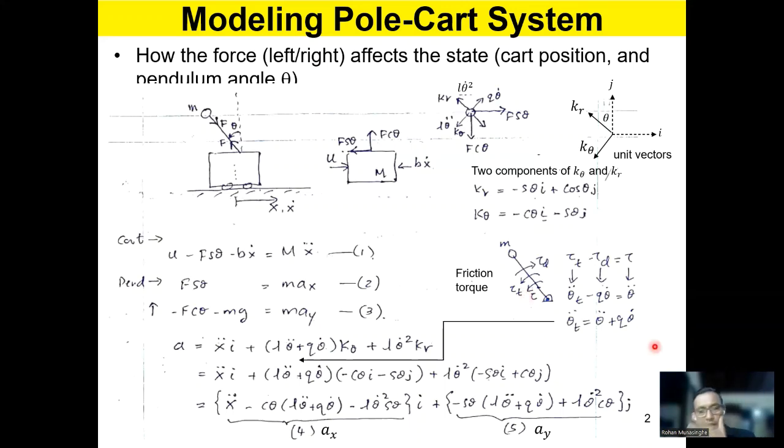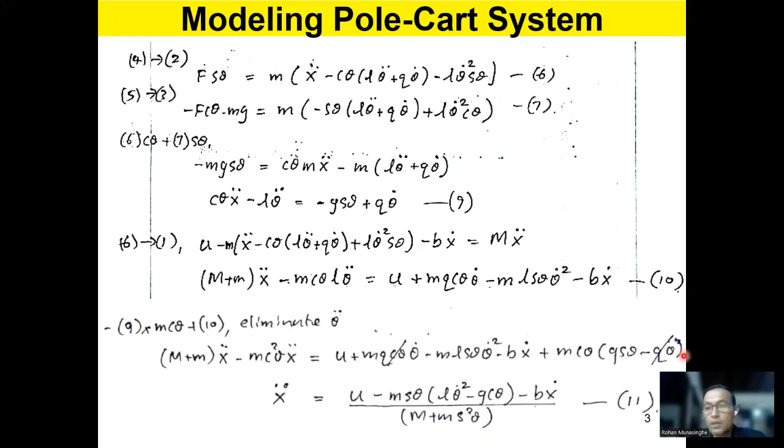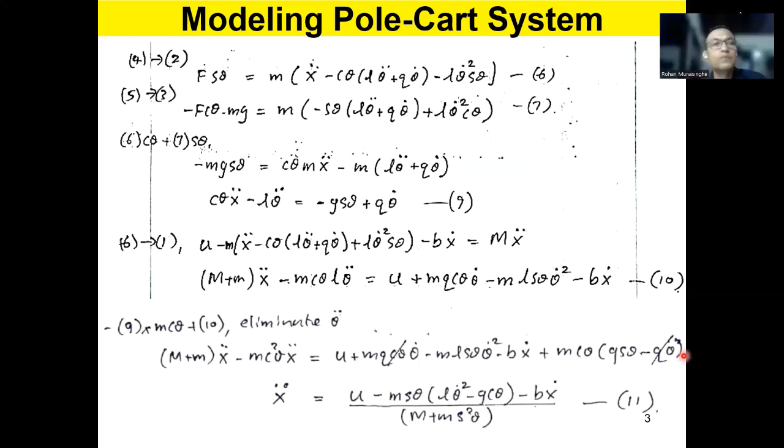All right. Now we have two equations, AX and AY, horizontal and vertical accelerations, right? Now you can substitute these two expressions into equation number 2 and 3. So when you do that, expression 4 goes to equation number 2, and this is how it changes, and we have number 6.